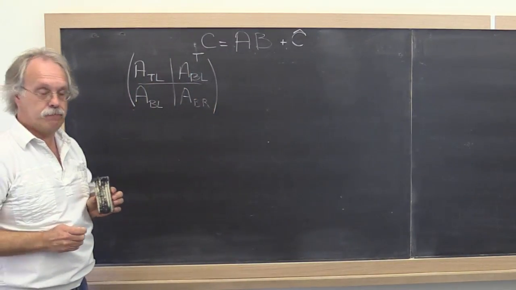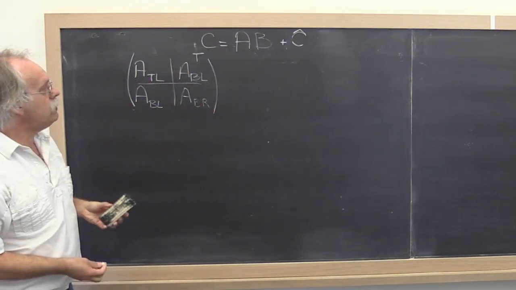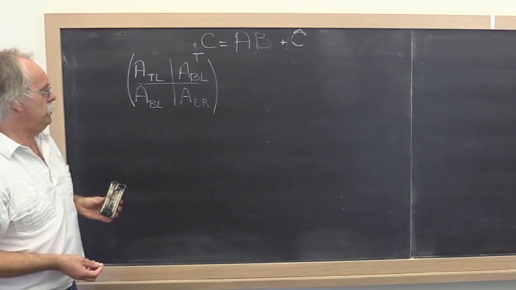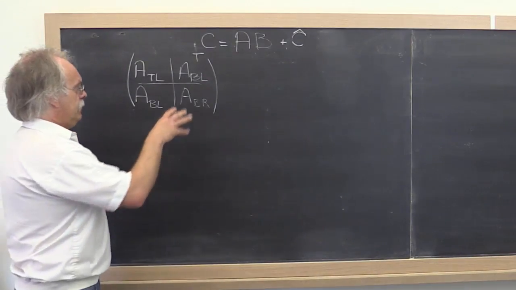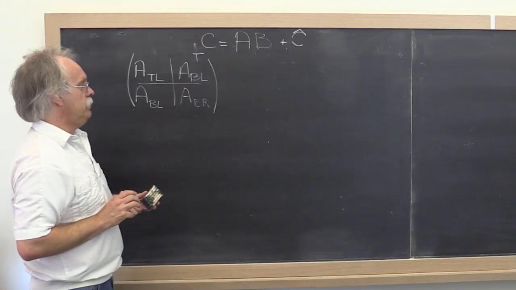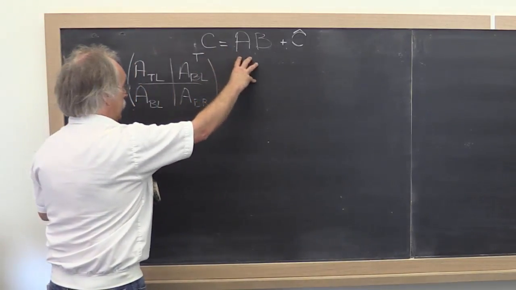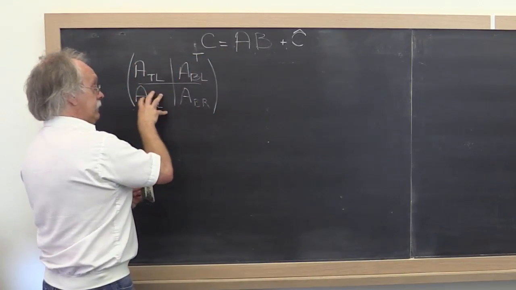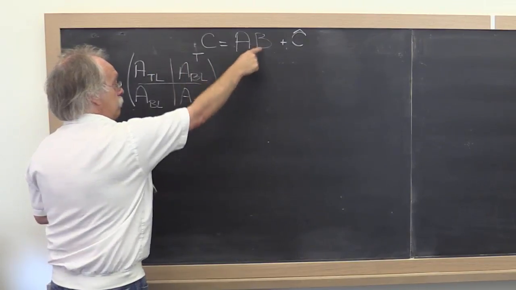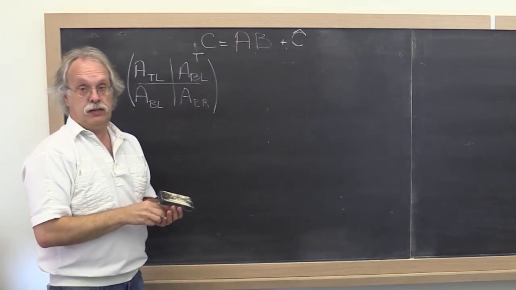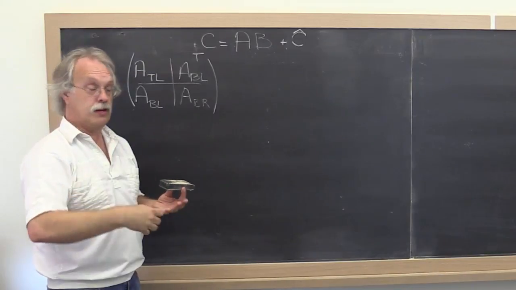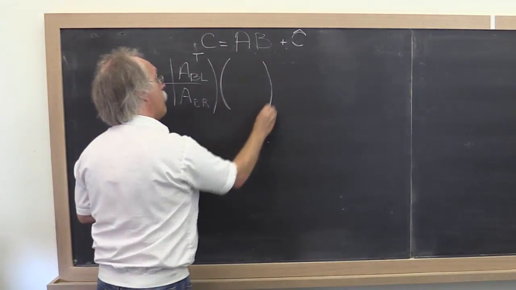We've done that before. And then we say, well, how should everything else be partitioned? Notice that we learned that if you multiply with a partitioned matrix, you should do this times that plus this times that, and this times that plus this times that. So that indicates to me that B should be partitioned into a top part and a bottom part at the very least.